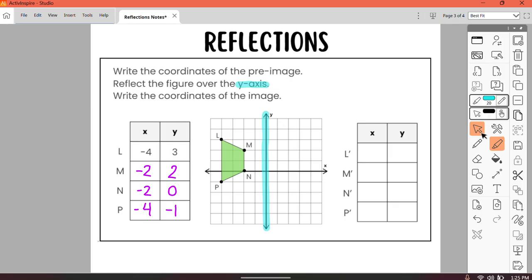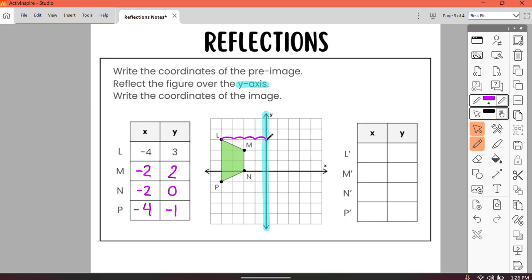And then the way that you reflect to make sure that you do it perfectly is you count how many spaces each point is from that highlighted axis. So point L is 1, 2, 3, 4 blocks from that highlighted axis, which means its reflection is going to be 4 blocks on the other side. And I'm not going to draw the little jumps because I don't want things to get too confusing.